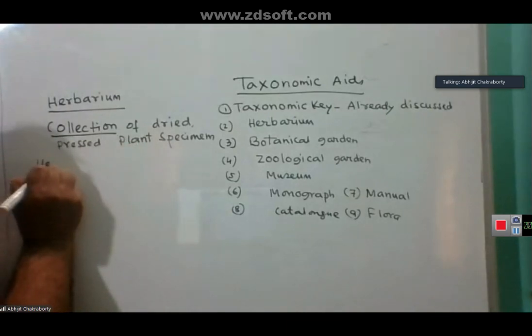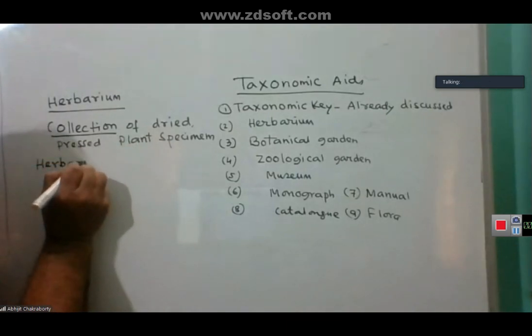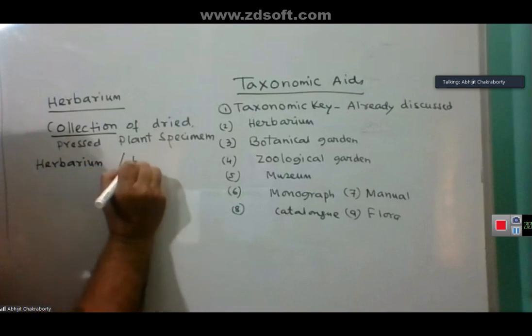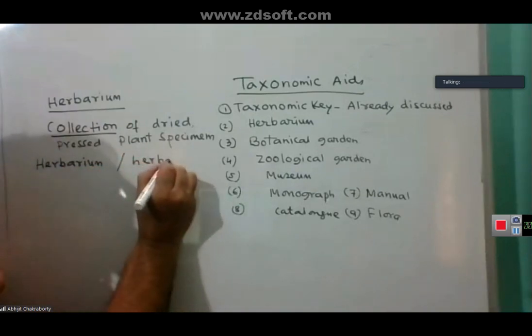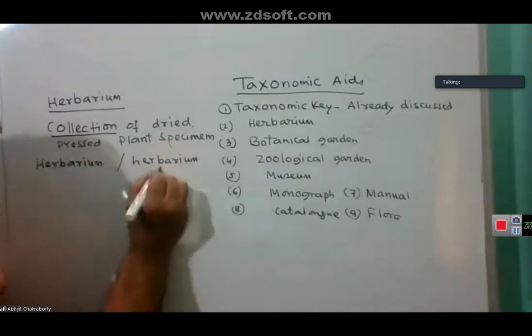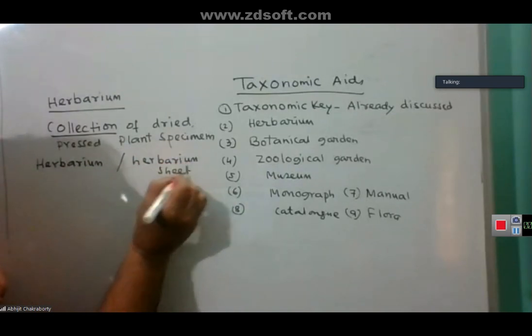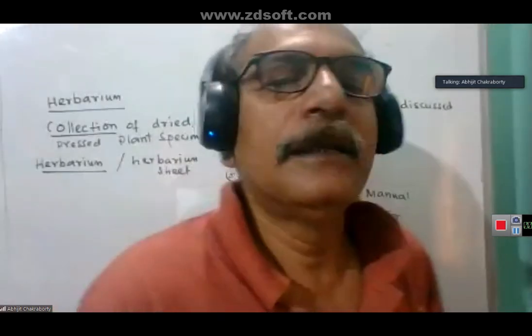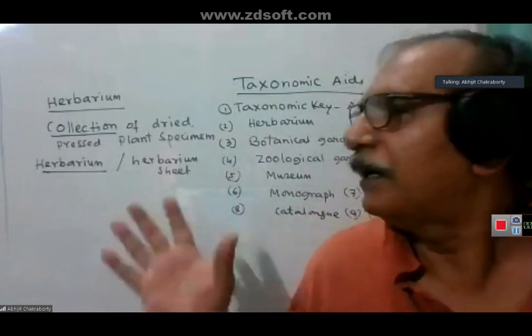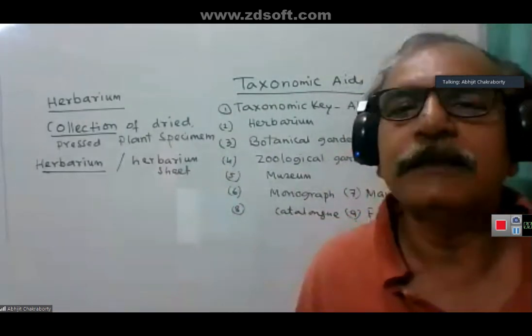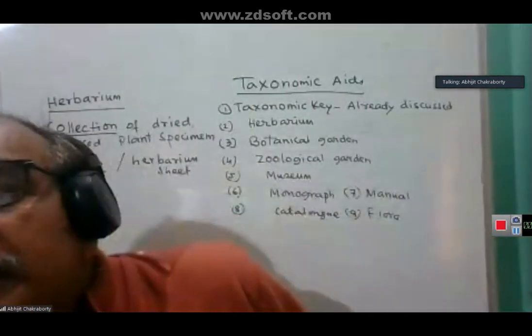Now there are two things: one is herbarium, the other is herbarium sheet. The total collection of plant specimens is referred to as herbarium. A single sheet, where we get the plant specimen pasted, should be termed a herbarium sheet.